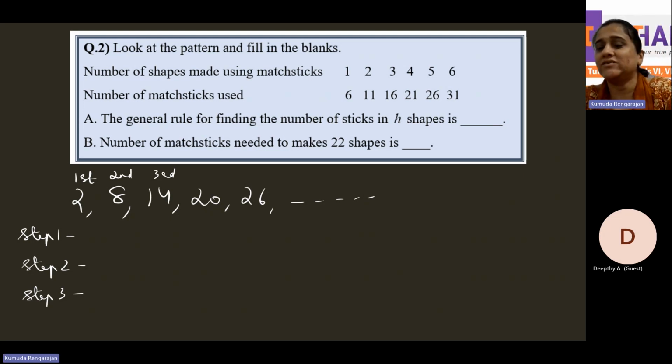This one. See, step 1, I minus the rule, where is it? Tanya, come here. Satakshi, come here.